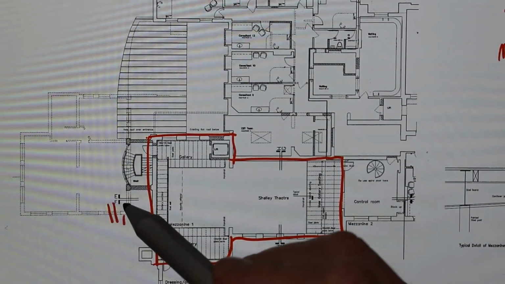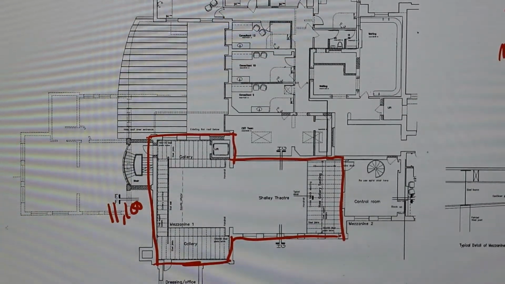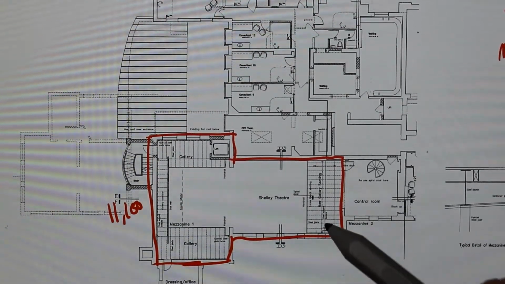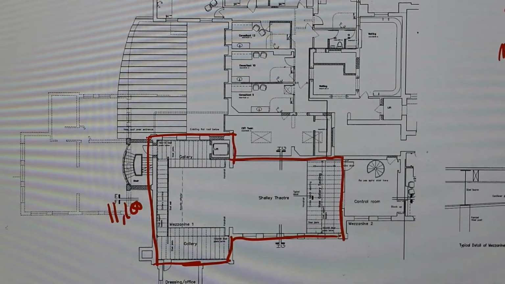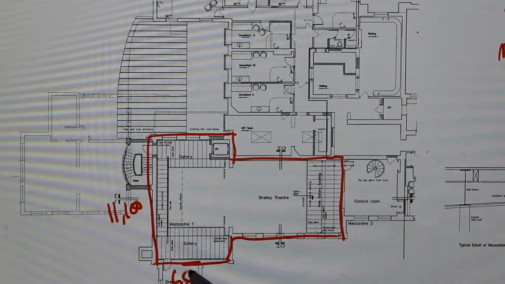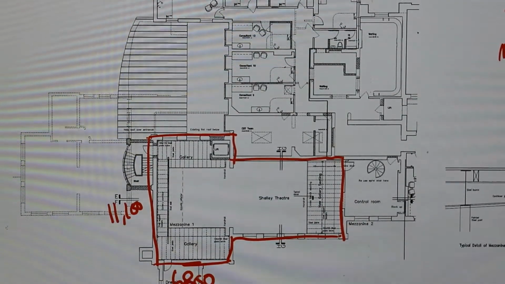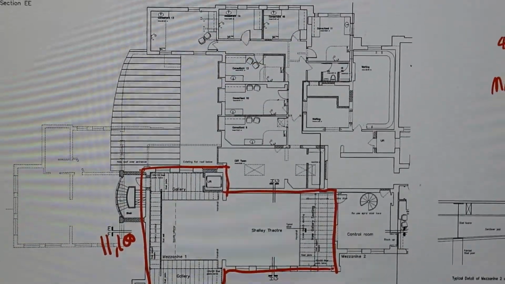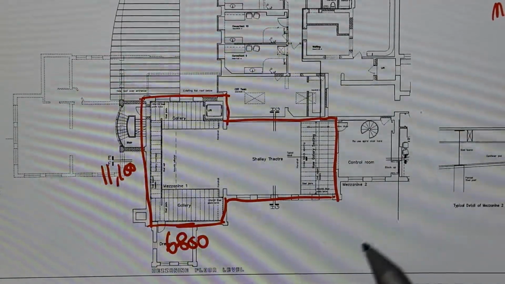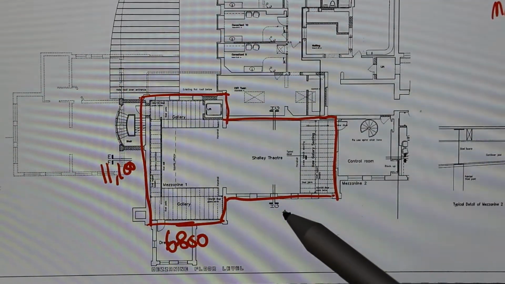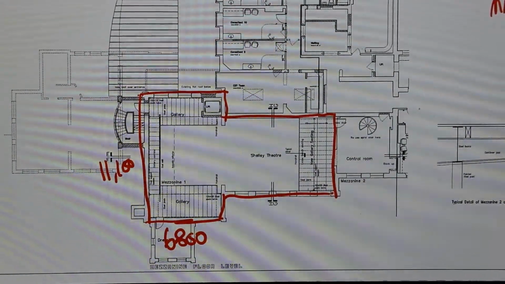I have got 11,100 for that entire length, the back wall of the theatre. I've got 6,800 for the width, and I have for the length of the auditorium 10,000.